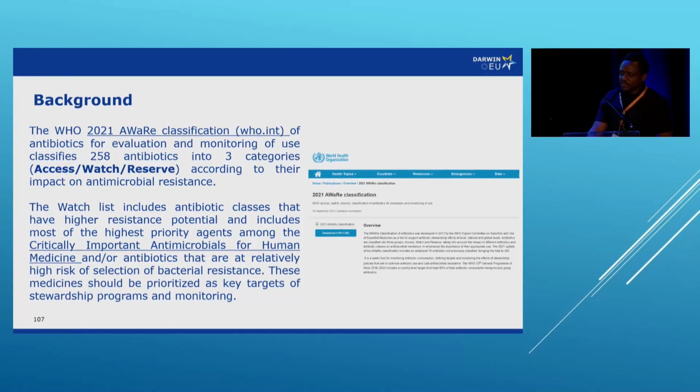The Watch list antibiotics include subclasses that have higher resistance potential and include most of those with the priority among the critically important antibiotics for human medicine. And so they should be prioritized for stewardship programs and, of course, rigorous monitoring.